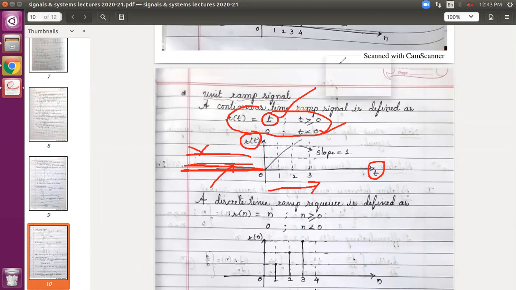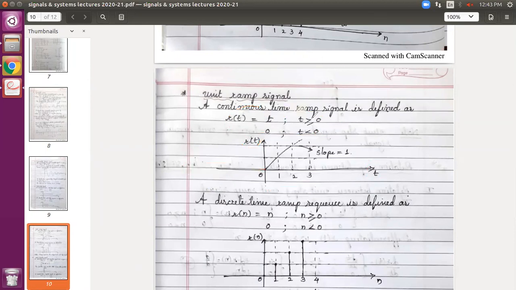For this, let us try getting the values. What we will do, for t greater than 0, let us start with 0 only because it is greater than or equal to 0. So let us start with substitution of t equals to 0. For t equals to 0, the value is 0 itself. Hence, at time 0, no amplitude. Now at time t equals to 1, you can take any in between value also, okay?